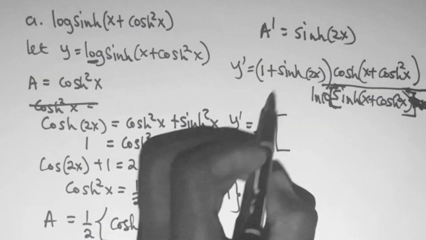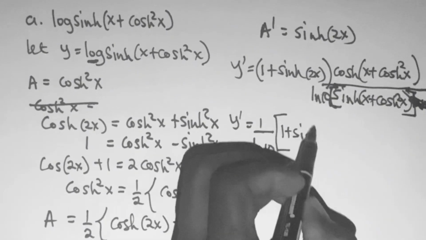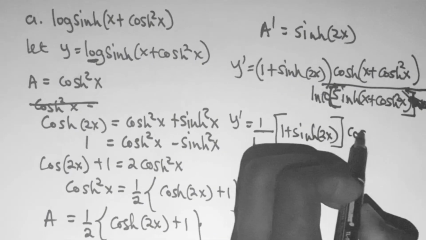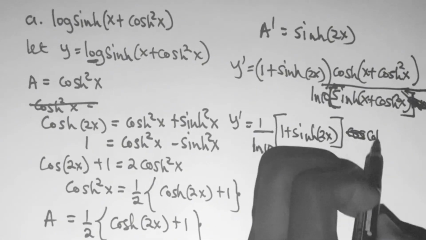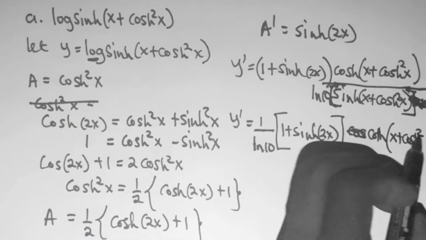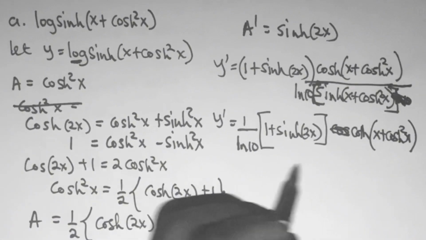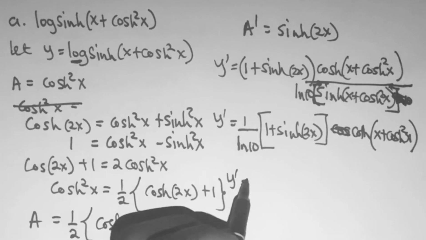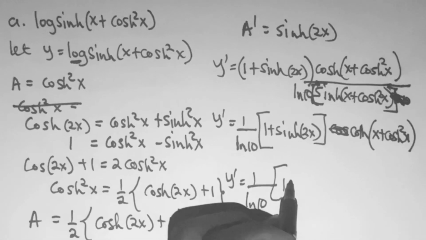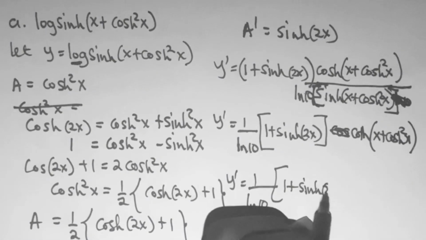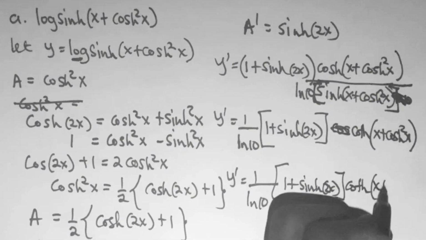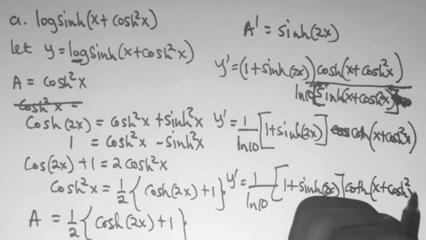Then times all of this, which is 1 plus sine of 2x, then times cot of (x plus cos squared x). So let me rewrite it well. So y prime is equal to 1 over natural log of 10, then times (1 plus sine 2x), then cot of (x plus cos squared x).